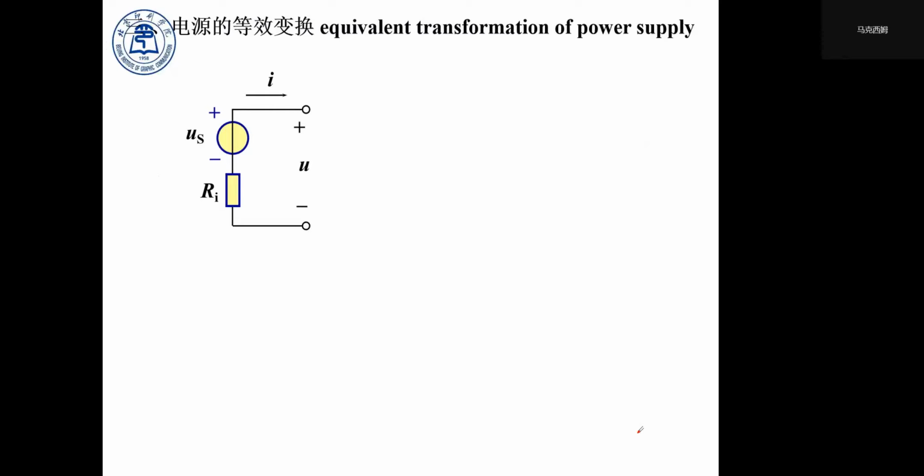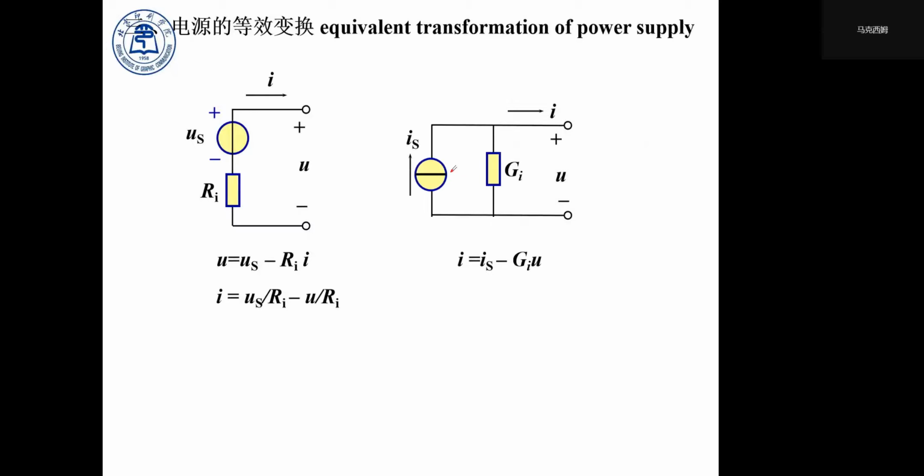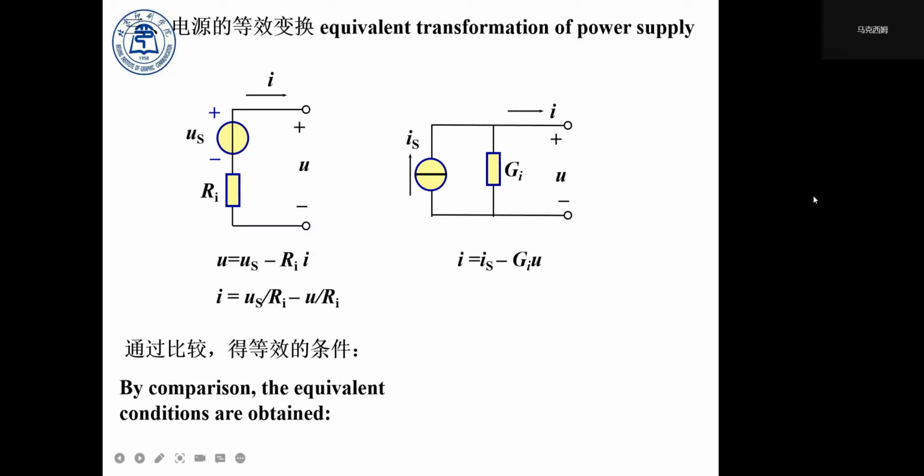First, this is a mathematical model of a real voltage source. And we have the relationship between its voltage and current. So we can replace it and transform it into a real current source.